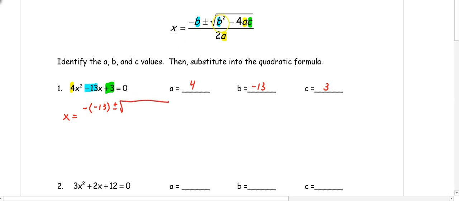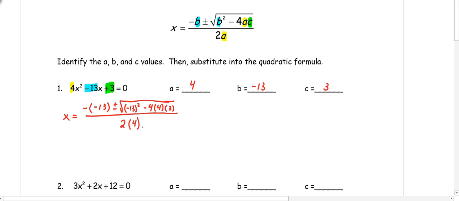And then we have b squared. Well, b was negative 13, so we have negative 13 squared minus 4ac. So minus 4 times the value of a, which is 4, times the value of c, which is 3, all over 2a. So 2 times the value of a, which is 2 times 4.